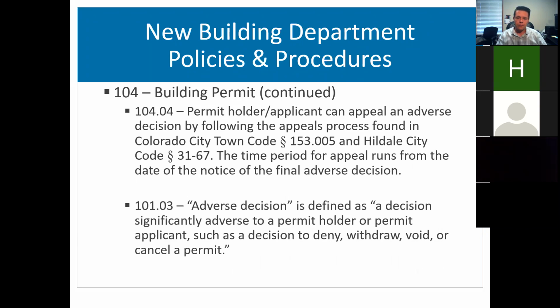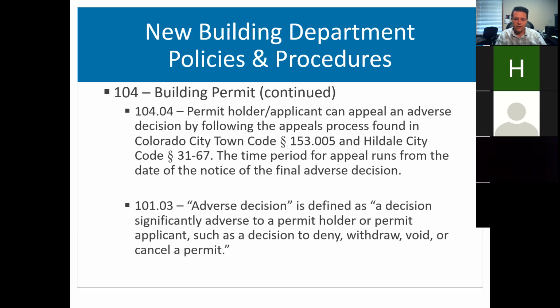So once an applicant gets notice from the city that we are denying your application or we're canceling your building permit, and so on and so forth, that starts the clock on what they have to do and when they have to do it. And you can see those code sections if you have any more questions about that.